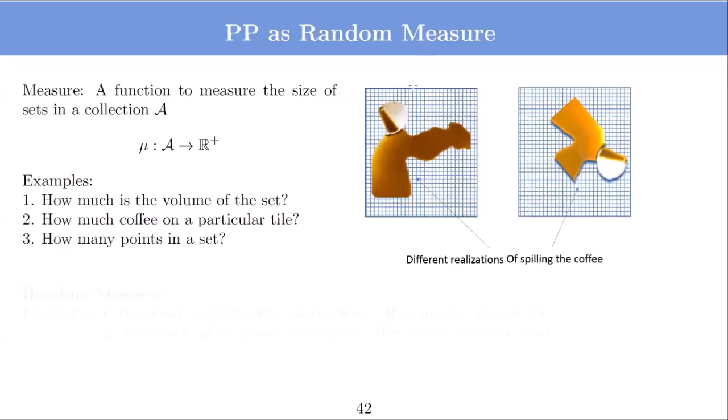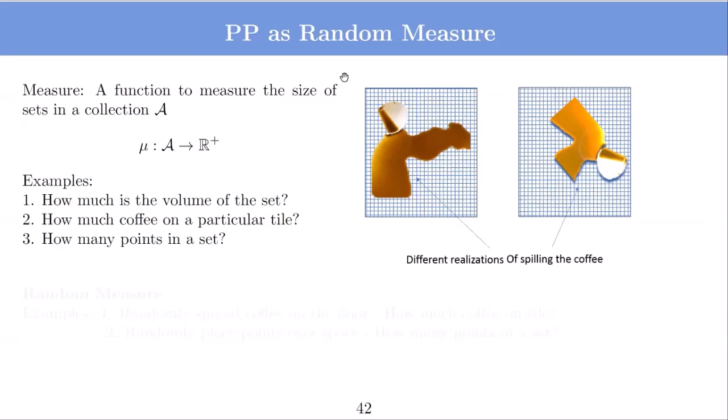The other way to look at a point process: one way is you can see the point process as a random set of points. So every time you do this point process experiment, you get one particular deterministic realization of points. But in general, this is a random set of points. And you can also see that a point process maps outcomes to different configurations.